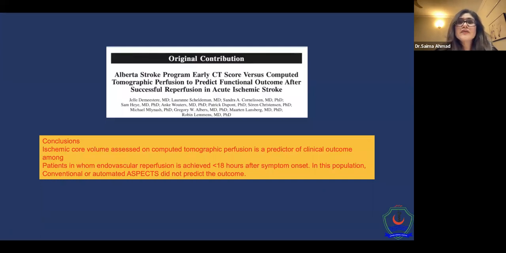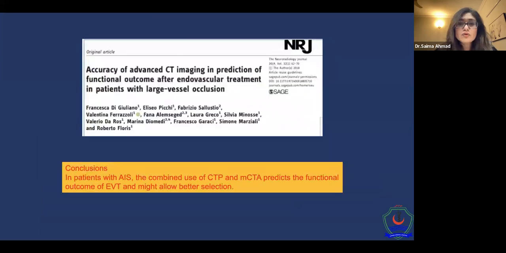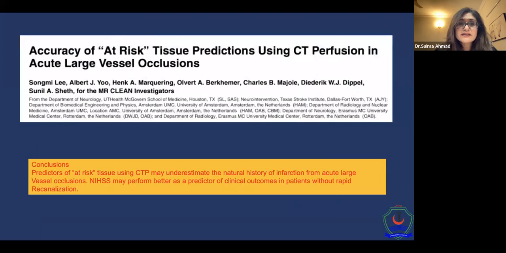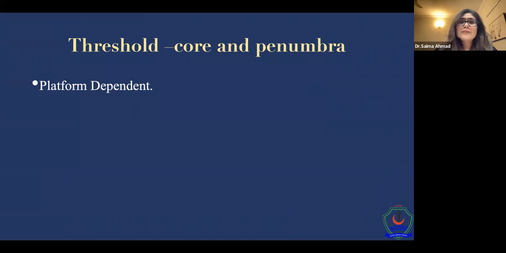But one point which is very important here, and I would like to highlight, is that CTP can predict the bad and the good outcome if it is taken as the imaging of choice after 6 hours. Because before 6 hours, we cannot rely on the CTP. So yes, it is a predictor of the good and the bad outcome, but after 6 hours, not before 6 hours.